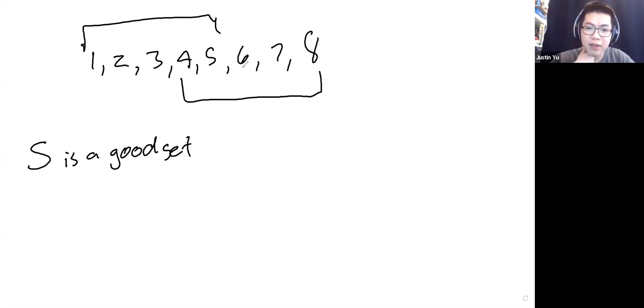Why does S have to have one of 6, 7, or 8? Because if not, then it would belong entirely in here, and it would be a subset of 1, 2, 3, 4, 5. So S needs one of.